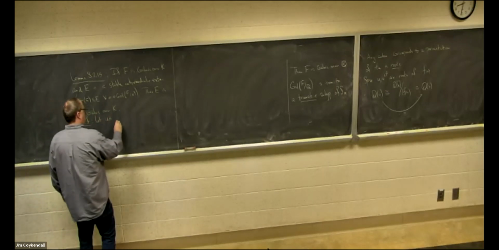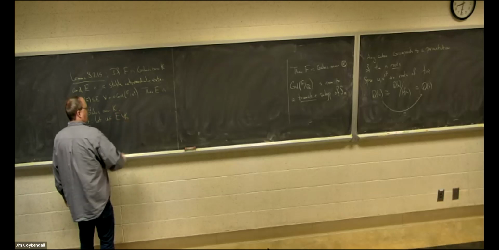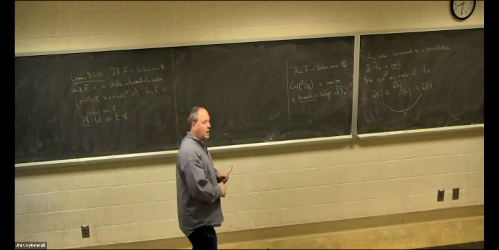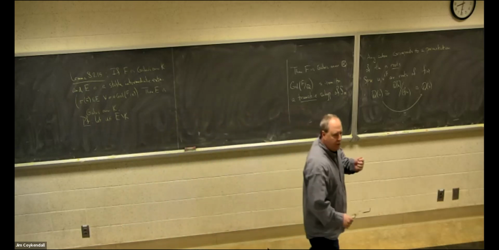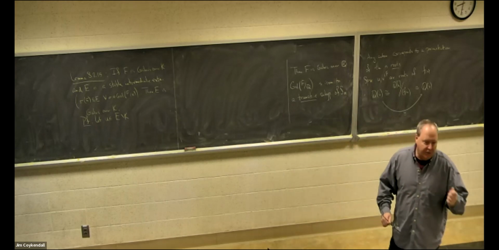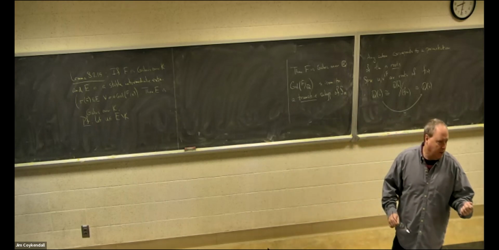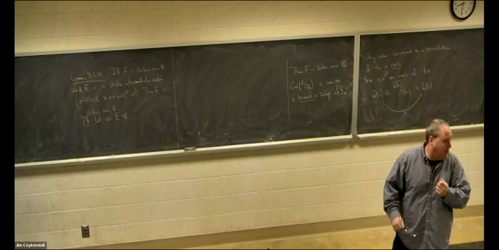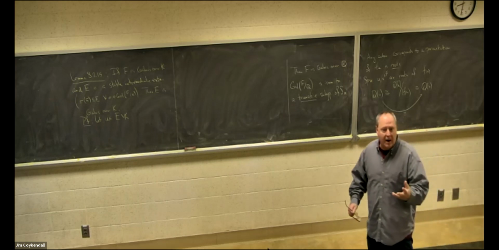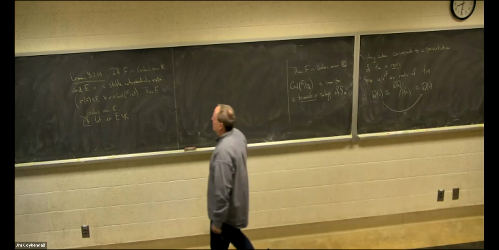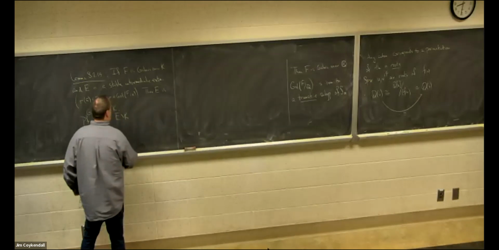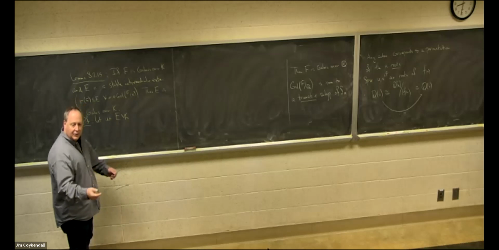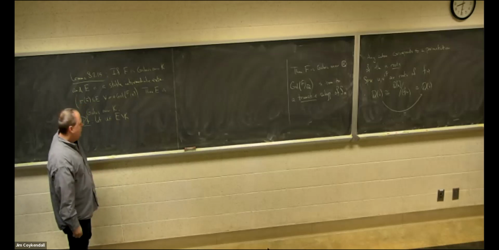Let U be in E, but not K. All we have to do to show that E is Galois over K is to find an element of the Galois group of E over K that moves this, right? Remember, this is equivalent to saying that the fixed field of the Galois group of E over K is K. If you have any element of E that's not in K, I can find some automorphism of E that moves it, right?